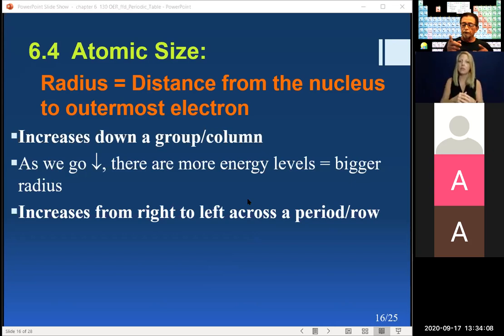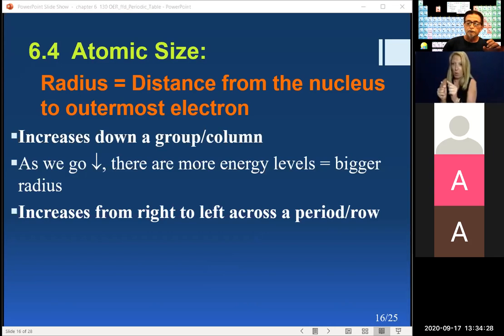If we go from right to left, the radius gets bigger. I prefer to go from left to right, because that's how we read. But as we go from left to right, the radius of the atom gets smaller.